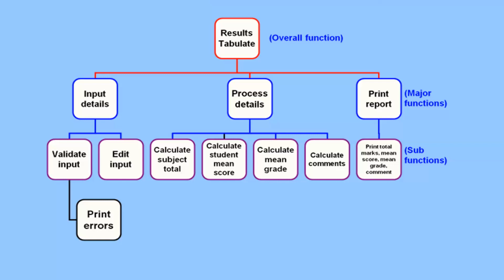Then the function for printing a report is broken down further into subfunctions for printing total marks, printing mean score, printing mean grade, and generating comment. Lastly, the subfunction for validating input is broken down further into another subfunction that we call print errors.